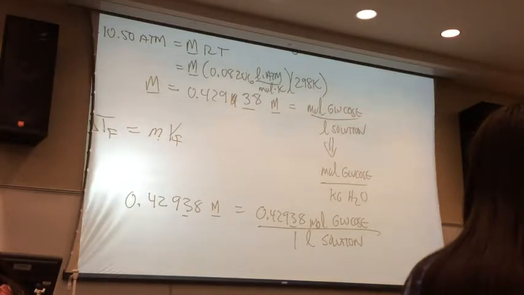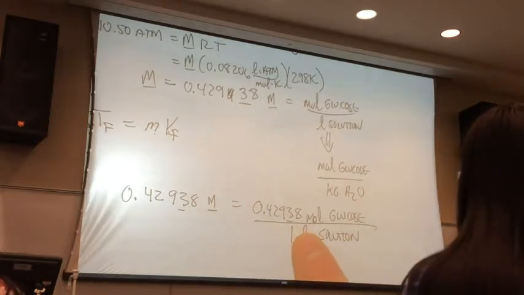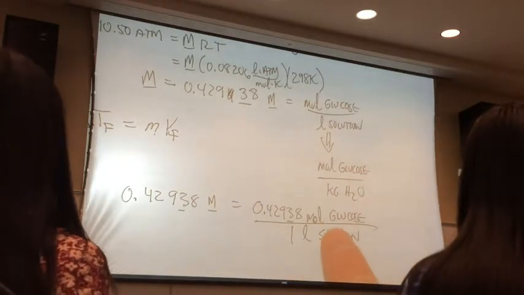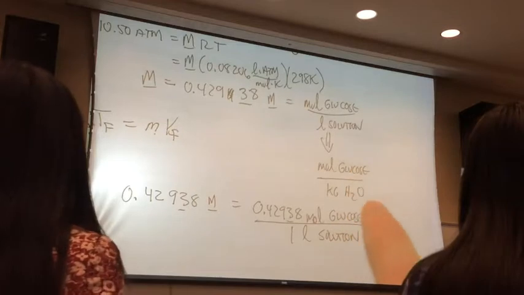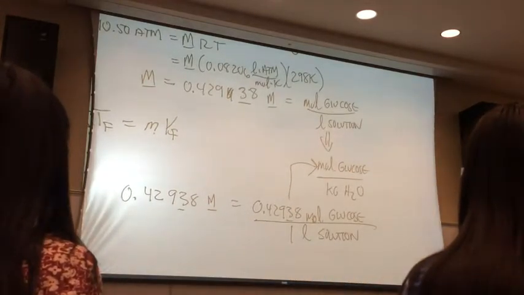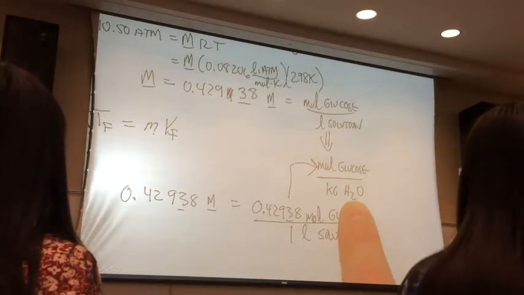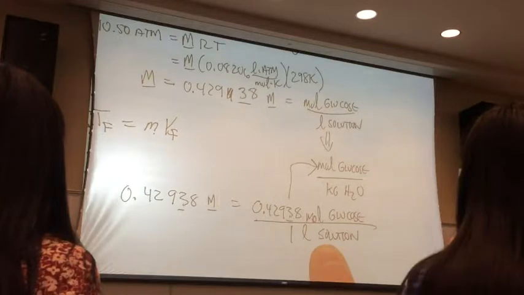Okay? Now I need to get from here, that's my unit expanded, to this. Here I have moles of glucose, so I have the units I need there. But what I need is how many kilograms of water I have in this.